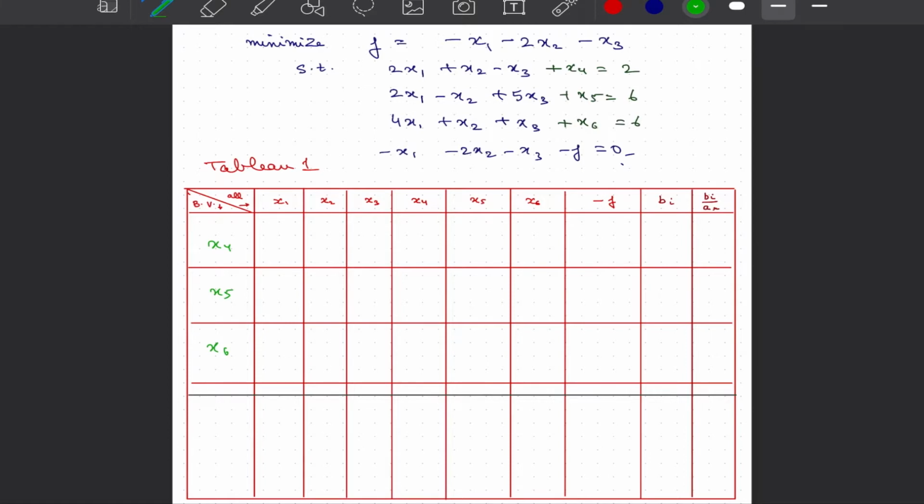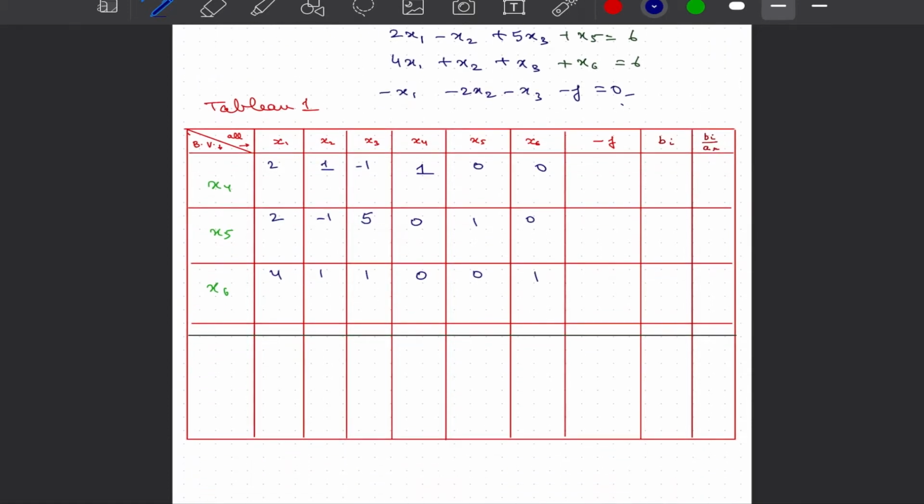So x4 is here, so we will have 2, 1, minus 1. I will write it in a compact form: 2, 1, minus 1, 1, 0, 0. Then 2, minus 1, 5, 0, 1, 0, and 4, 1, 1, 0, 0, 1. And here we have minus f, where we write minus 1, minus 2, minus 1, 0, 0, 0.